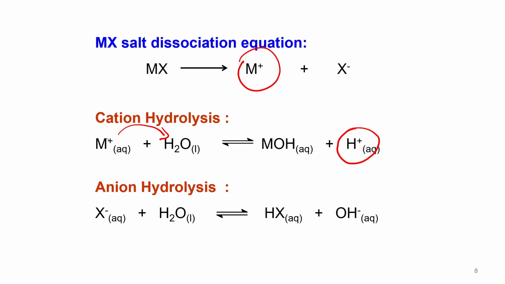Daripada acid. For hydrolysis of anion, X minus plus H2O will produce HX and OH minus. X minus ini daripada base.